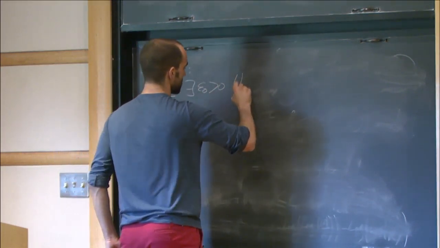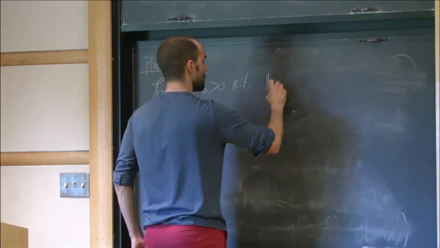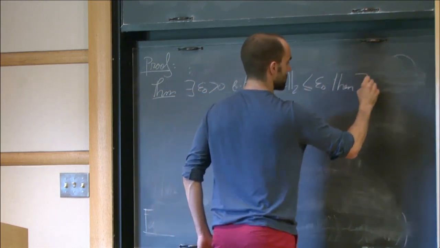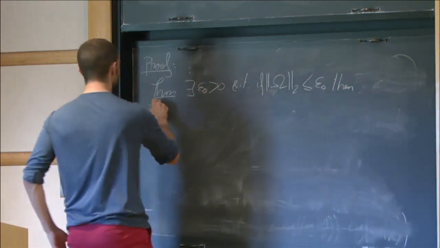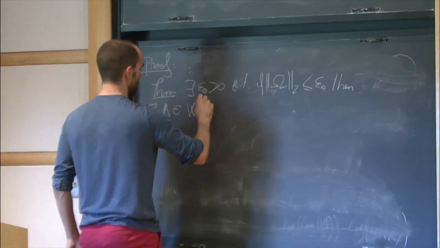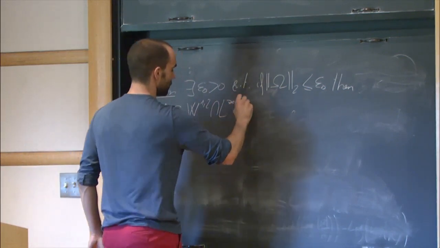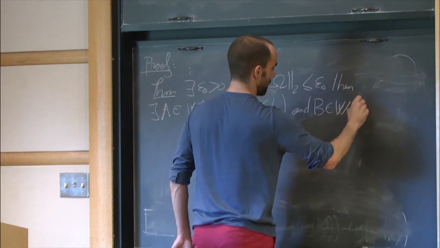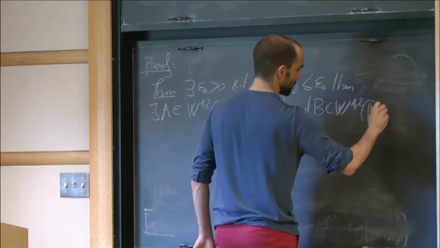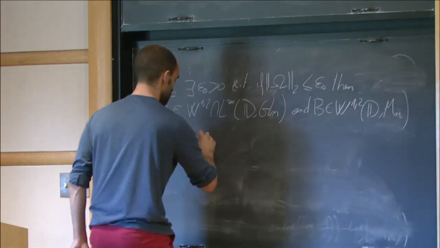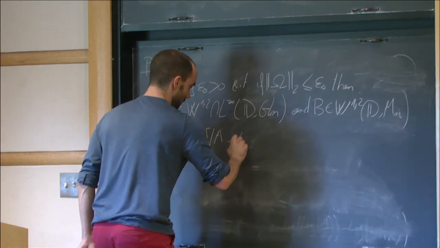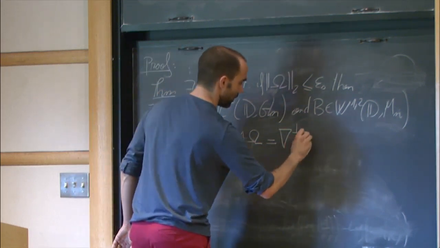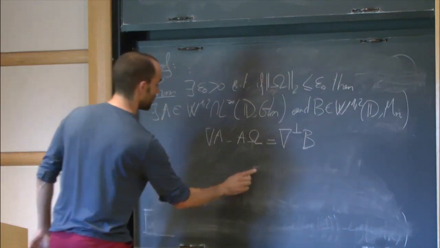There exists epsilon_0 such that if the norm of omega is smaller than epsilon_0, then there exists A in W^{1,2}, which takes values in the space of invertible matrices, and B, which takes values in the space of matrices, such that nabla A minus A omega equals nabla perp B. So if A is not here, it's a Hodge decomposition, but this is nonlinear here.